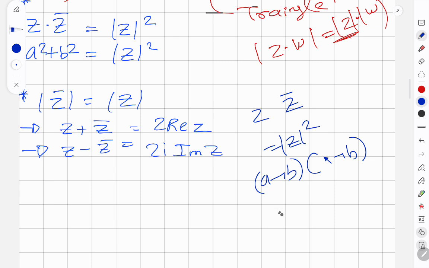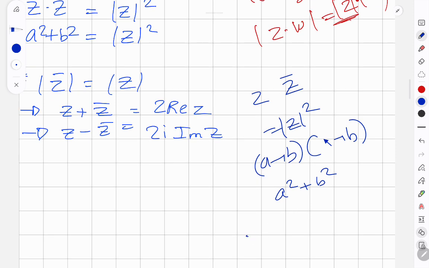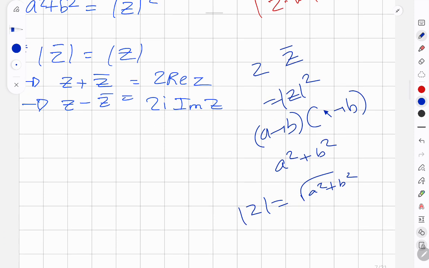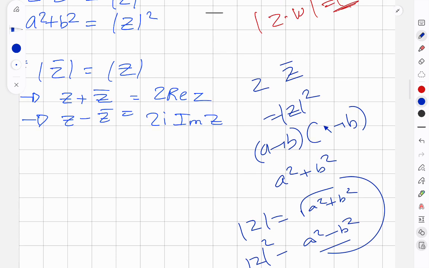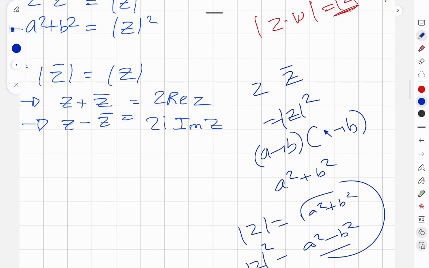You will get a squared plus b squared, and the modulus of z is the square root of a squared plus b squared. If you take the square of this, it will be a squared plus b squared. Okay, got it? Any questions? Let me see it more clearly. Got it?